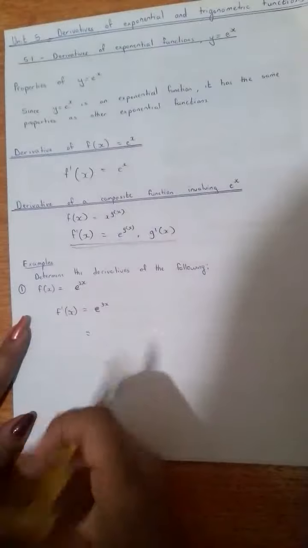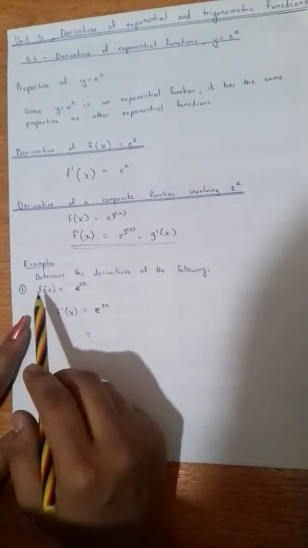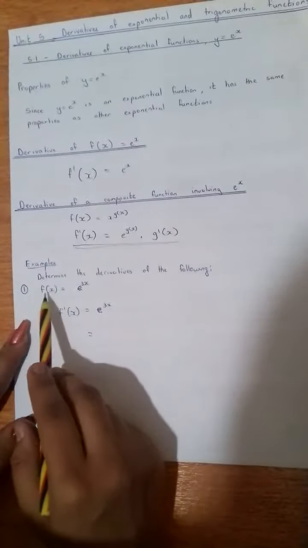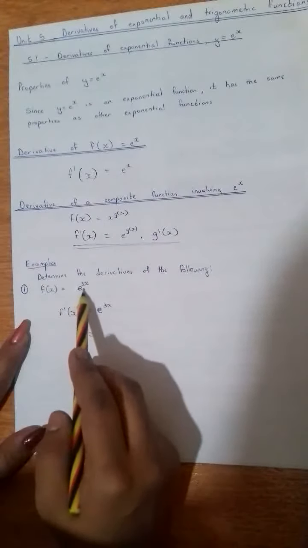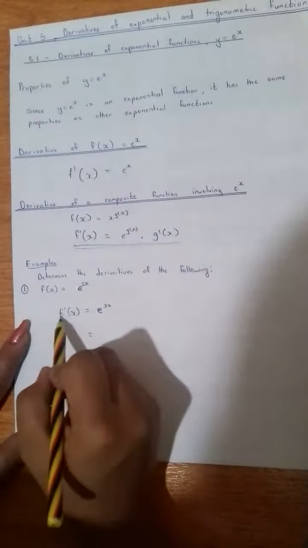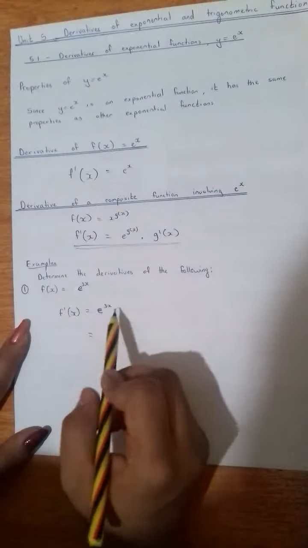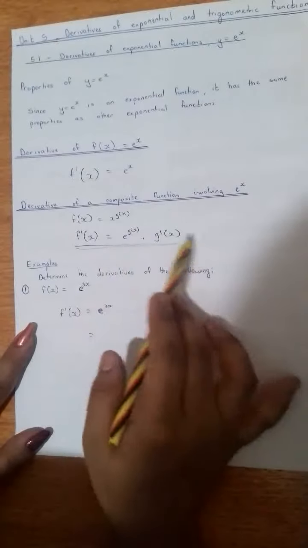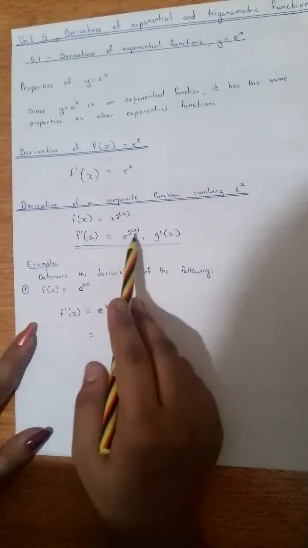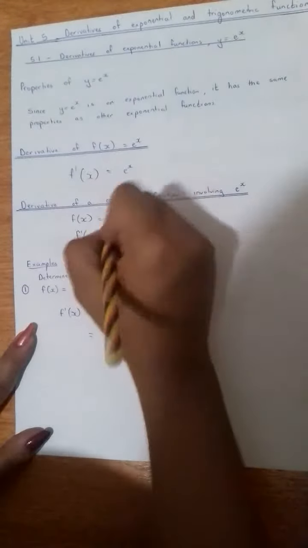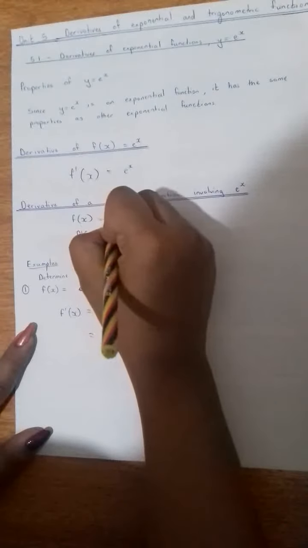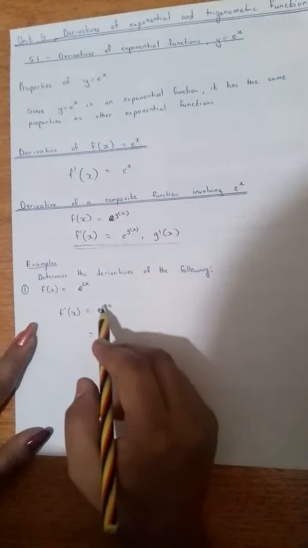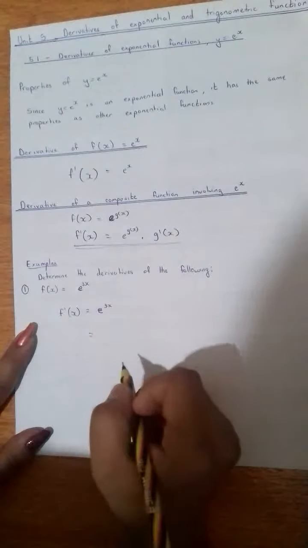Here we're going to look at some examples. It says find the derivative of the following. Our function here is f of x is equal to e to 3x. So we have to find the derivative of e to 3x. As we saw earlier, we have the original function, and then we multiply it with the derivative of the function in the exponent. We're going to use a similar method here.